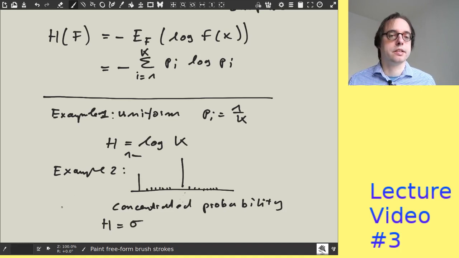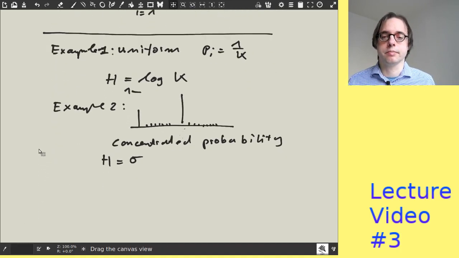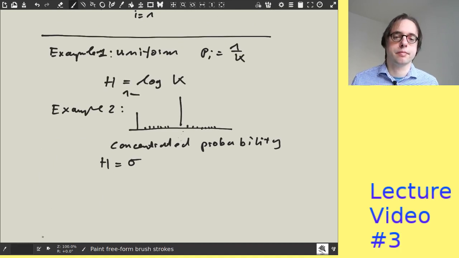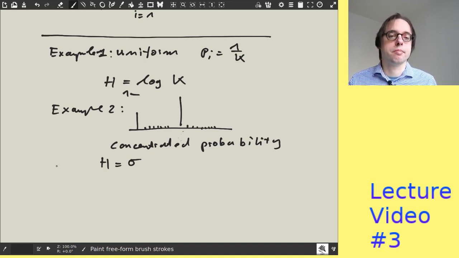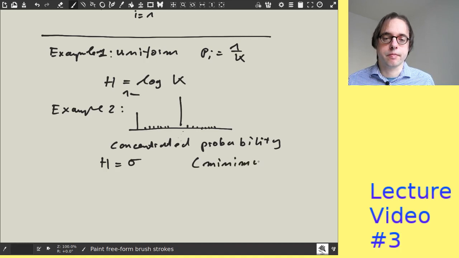And that's the general pattern. You find the details actually in the script. So entropy is maximal if it's uniform, and it's minimal when there is concentrated probability. So that's what Shannon entropy actually characterizes. So this is the minimum, and that's the maximum.